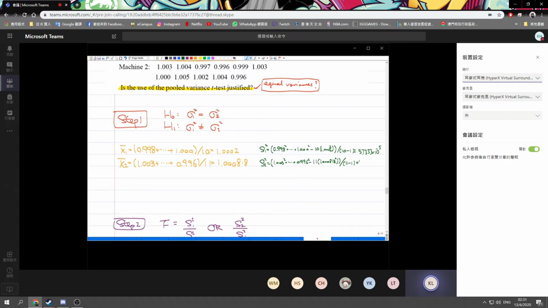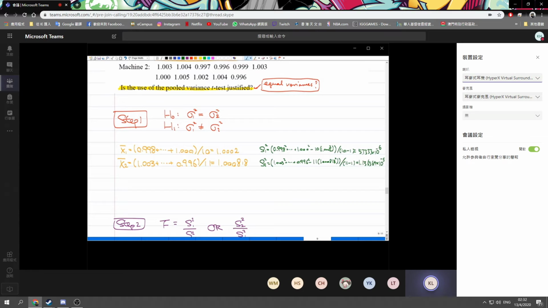And that gives us 1.136364 times 10 to the power of minus 5. Oh, sorry, the first one should be minus 6. That's here. Okay, 10 to the power minus 6.